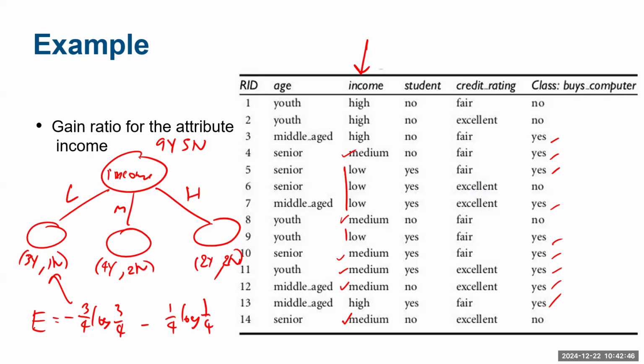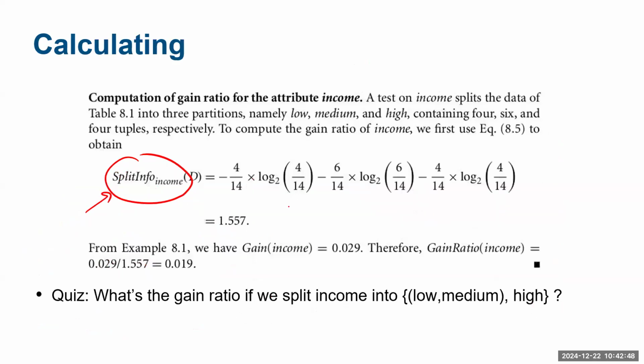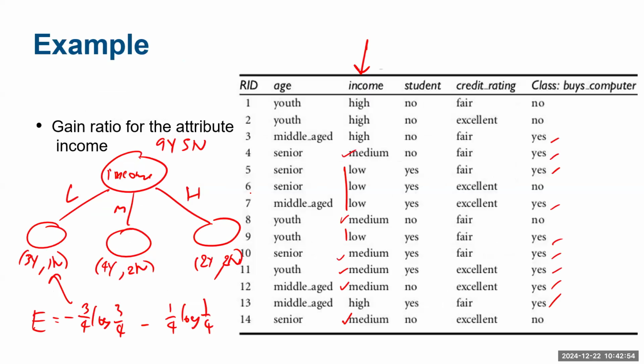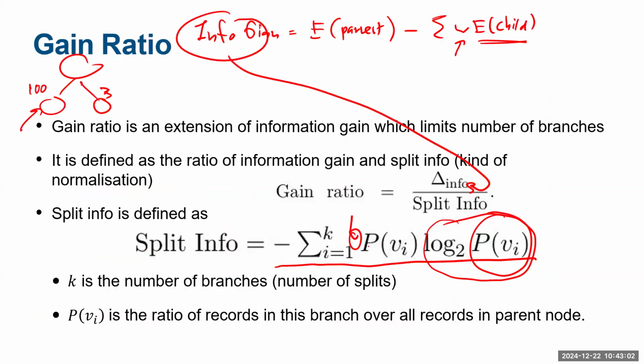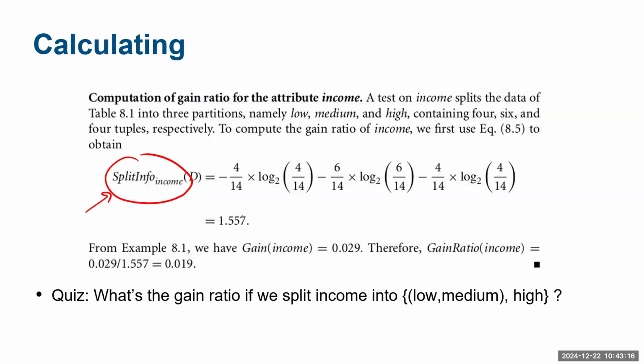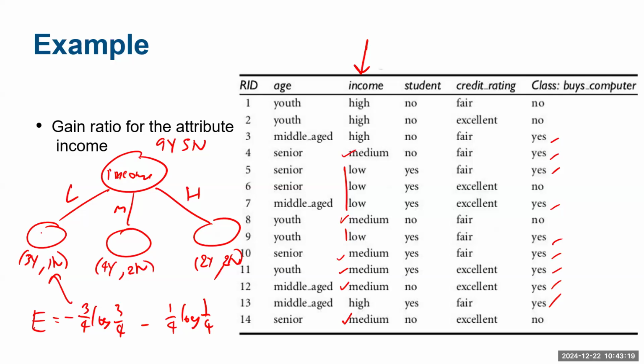Now for the split info, you have three classes. V_i is the ratio of the records in the branch over the parent node, and K is the number of branches. This one has 4 data, this one has 6 data, and this one has 4 data.